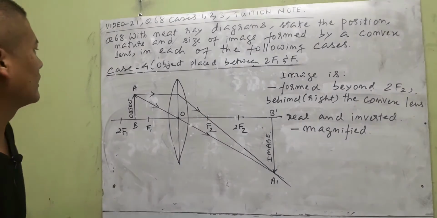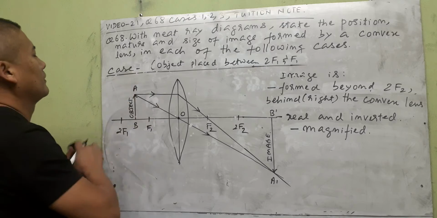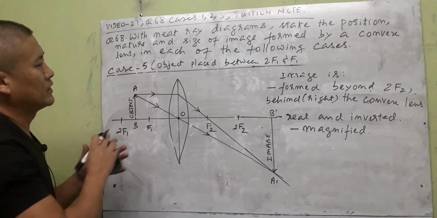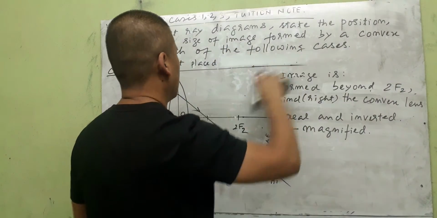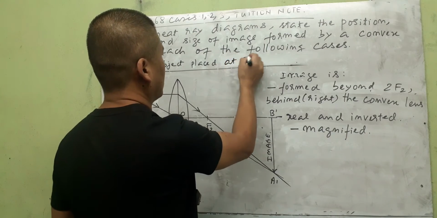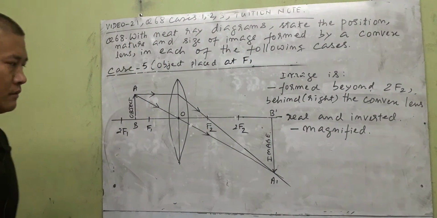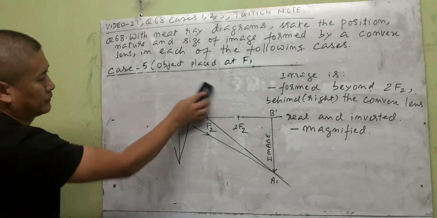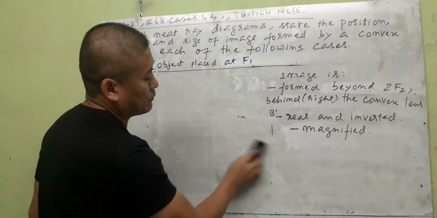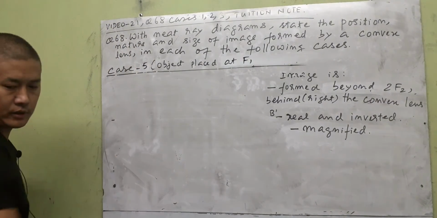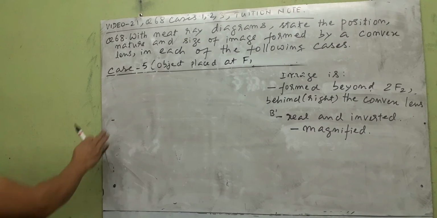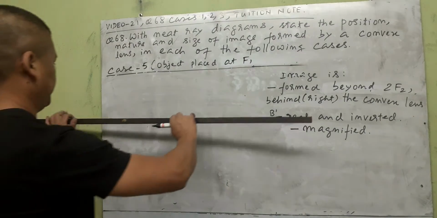Okay, now next here, case 5. 2 more cases to go. Object placed exactly at f1 now, at f1. So let us draw the line. Write that one down by pausing the video if you want and come back and join. Now here.